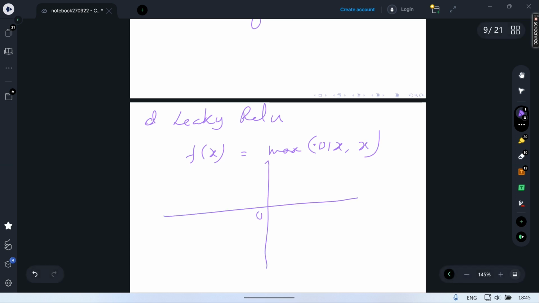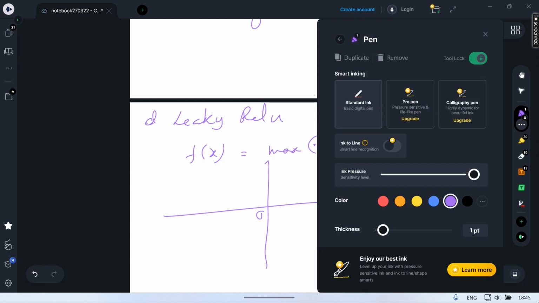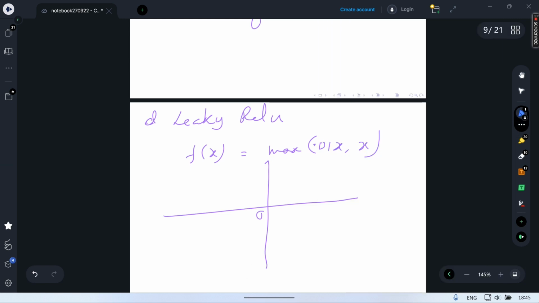So this is 0, and it will be something like this. Here you can see in the case of leaky ReLU the gradient is always non-zero. In the negative part also there is a small slope in the curve.